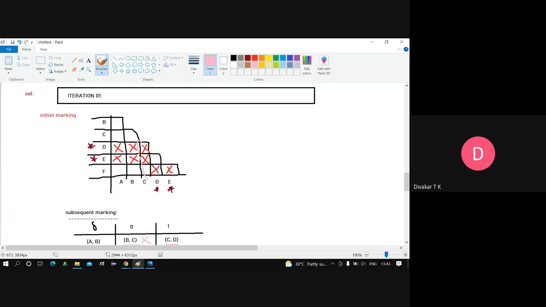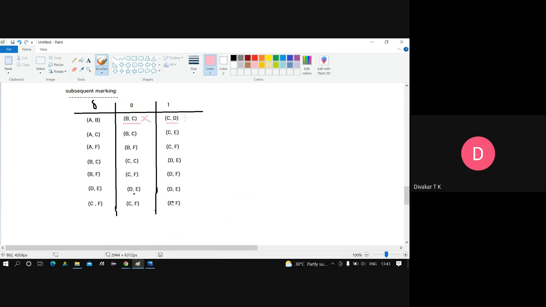See, here marking is there. C, D. You write it in pencil like this, with a tick mark. Nothing wrong in that. Write in pencil. Actually, that will carry marks for you, extra. They will give marks out of it only. So this one B comma C, no marking. This is marking, meaning you have to mark this one.